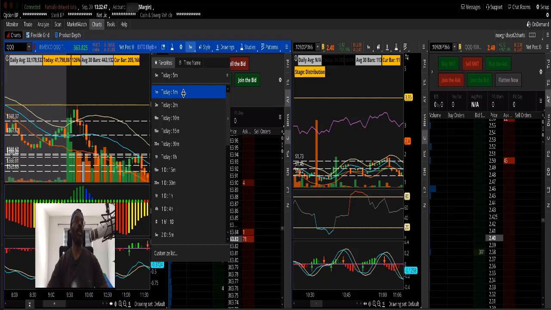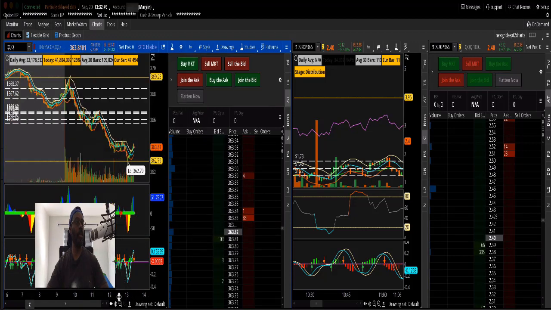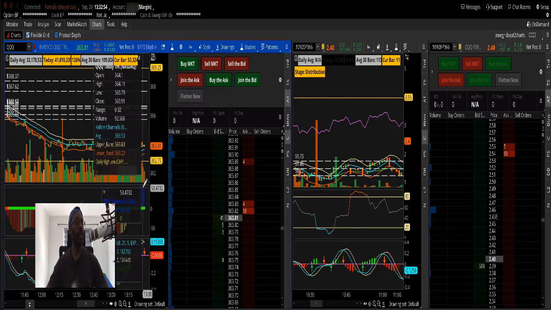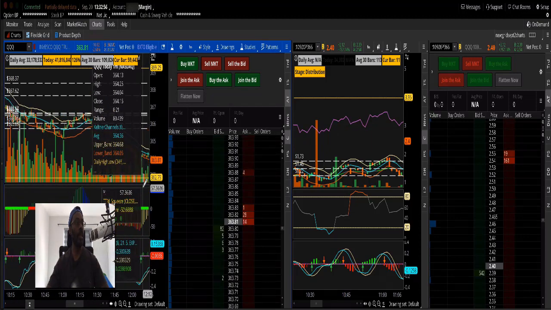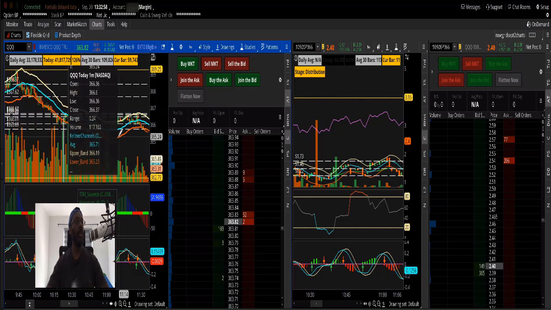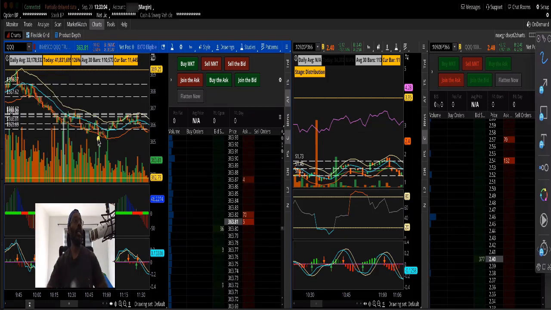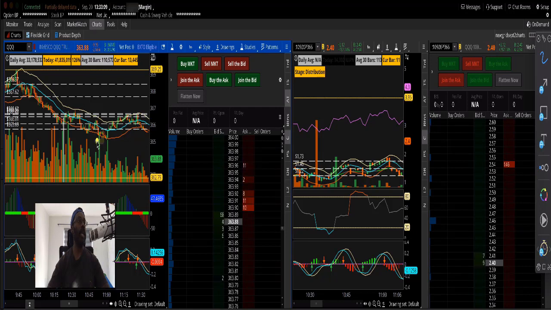So let's scroll down to the 1-minute chart so you can get a little bit better view on that. Let's move this over here, 10:56. You'll see here, 10:56, right here, that's when I took my position, to do a put. Why did I do that?